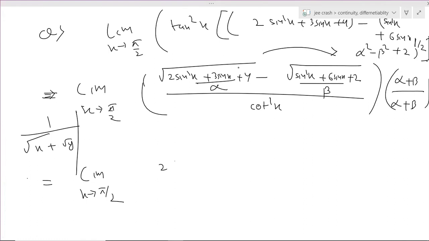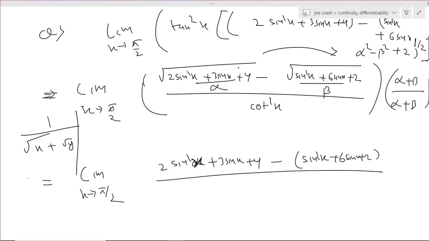So alpha square is 2 sine square x plus 3 sine x plus 4, minus sine square x plus 6 sine x plus 2. And in the denominator we have cos square x upon sine square x and alpha plus beta. All right.